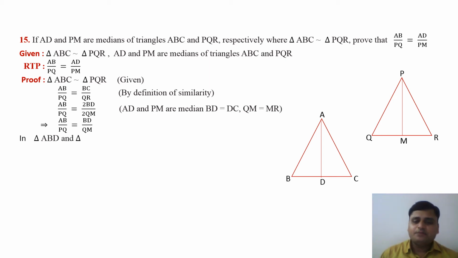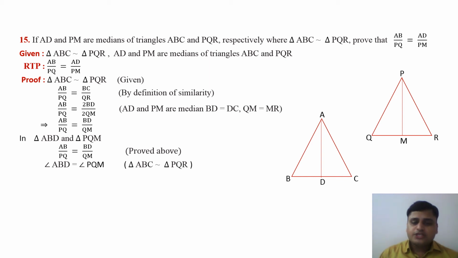So we will take two triangles. One is triangle ABD, another one is triangle PQM. Now in these triangles, AB by PQ is equal to BD by QM. This we have proved above. And angle B, that is angle ABD, is equal to angle PQM, because triangle ABC is similar to triangle PQR.